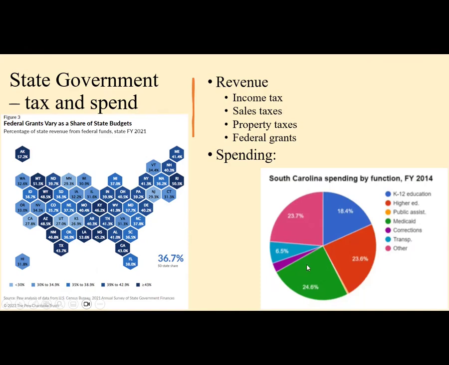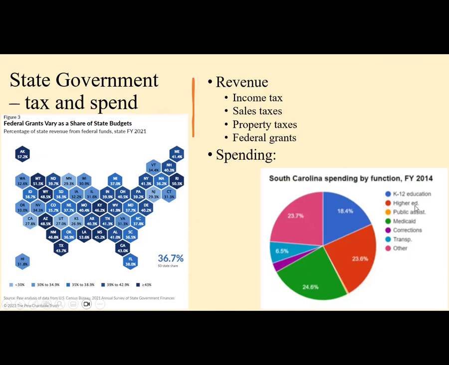Unfortunately, this data is extremely old. Look at that, 2014. But it is actually the most recent data I could get, at least in the form of a pie chart. So I chose to use this even though it's old. It hasn't changed that much. But you see, this is spending by state government on education, your college education, higher ed. So this is K through 12.